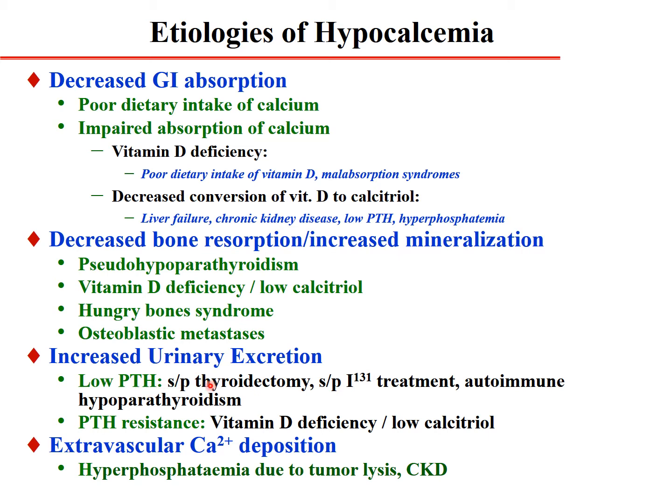The symptoms can develop, for example, after thyroidectomy, or if somebody was treated with radioactive iodine, or autoimmune hypoparathyroidism can develop, or PTH resistant cases, for example, in vitamin D deficiency with a low calcitriol level. Extracellular calcium deposition can happen if somebody has hyperphosphatemia due to, for example, tumor lysis or chronic kidney diseases.